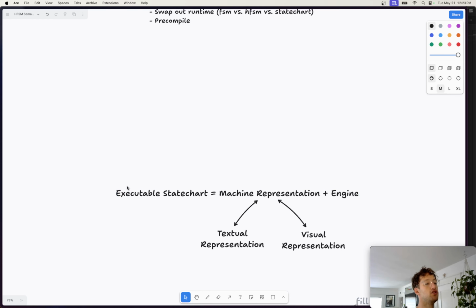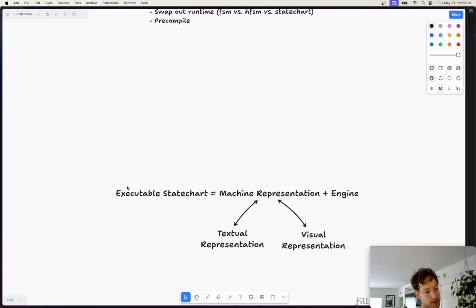In general, to execute a state chart, we need two things. We need some machine representation of that state chart, some in-memory representation, and then we need an engine to execute that, to take events and then perform everything that it needs to do. In general, the machine representation is not what you're authoring.